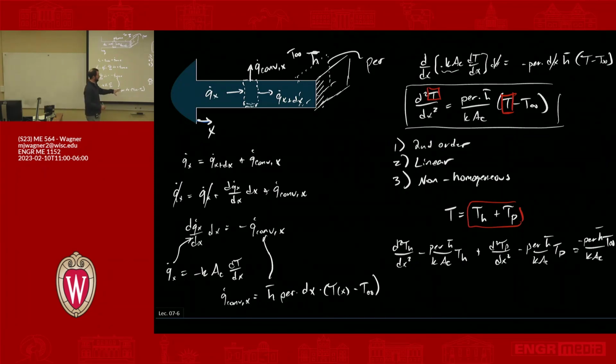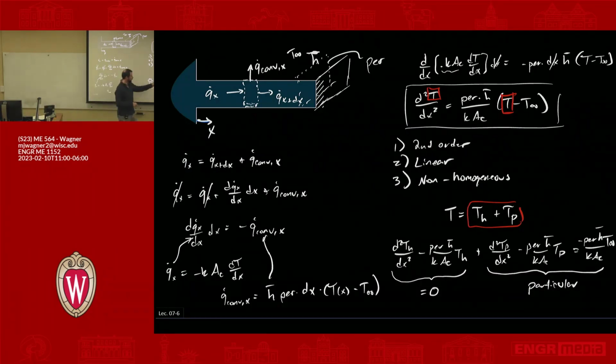All right, so the trick here, or the idea, is again, we have now this part of the ODE that's just in terms of the homogeneous temperature, or T_H. And what we're going to do is say this has to be equal to 0. Okay, and then this becomes the particular part. So this is a little bit confusing. But what we're doing in this substitution is saying, I'm going to find a solution, T_P, that satisfies this part of the equation.